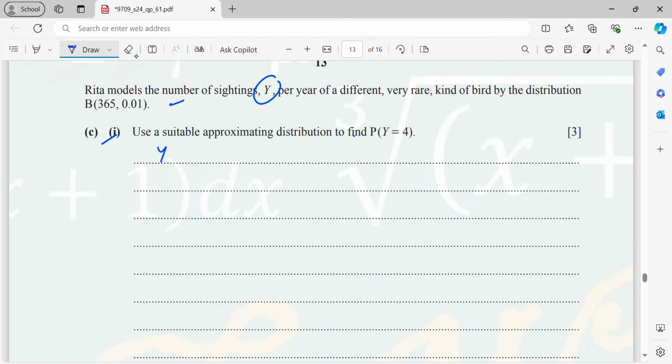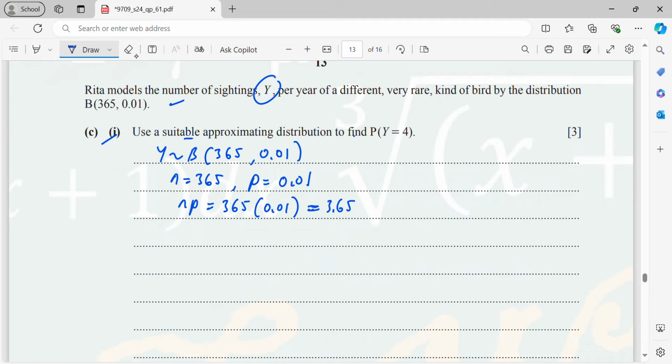Y is binomial distributed, n is 365, p is 0.01. So now np will be 365 times 0.01, which is going to be 3.65.